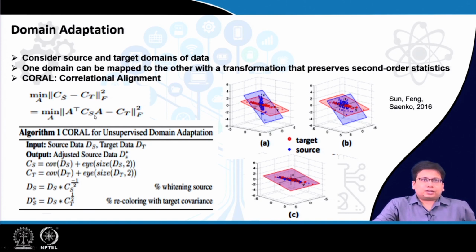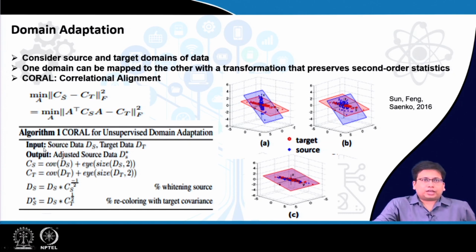This is just the basic principle, but if you look at the paper by Sun, Feng and Saenko in 2016, this is known as CORAL, which stands for correlation alignment. It has been mathematically proved that if this kind of transformation is done, then certain properties of the source domain are going to be preserved even after the transformation.